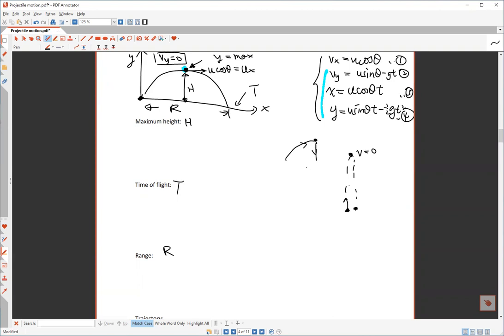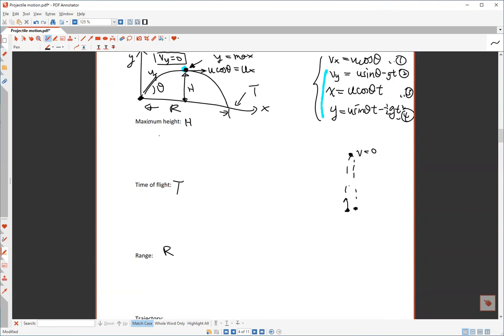That is nonsense, is it? So at the highest point, there's still a velocity, but it's horizontal. So that is u cosine theta, from the first equation, where the velocity is u and the angle is theta.